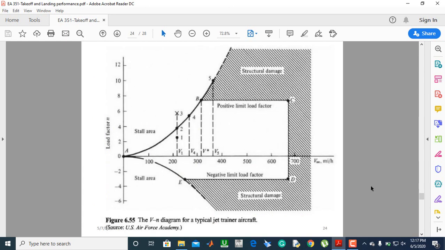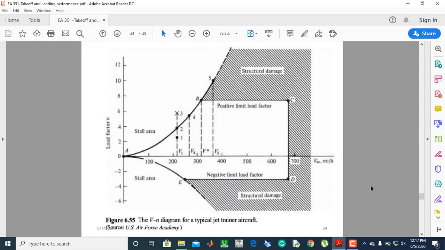This slide 24 is the VN diagram, or velocity load factor diagram. N is the load factor. In aerodynamics, we had discussed the velocity load factor diagram, but this is a very important topic both for aerodynamics and for aircraft performance, and it is for this reason that I'll repeat the discussion again.